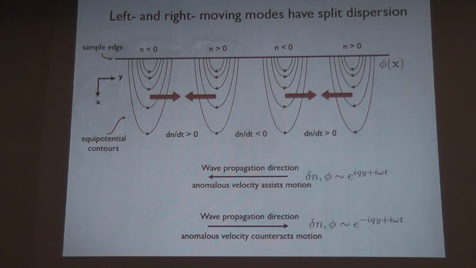So it's going to make it faster, so its frequency is going to go up, right? And likewise, if I now consider this plane wave here, which is going to the right, then the anomalous velocity counteracts the motion. It goes against the original phase velocity of the system, and so it brings down its velocity, and it also brings down its frequency as well.